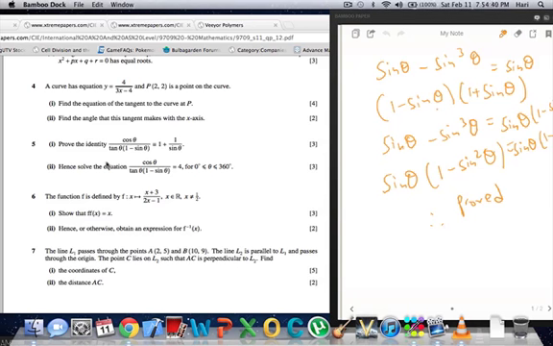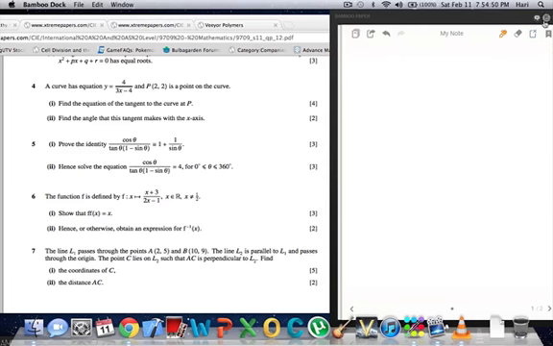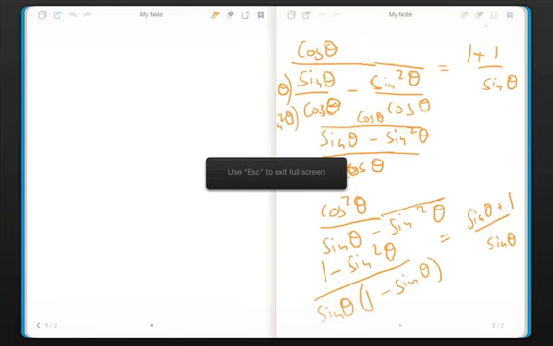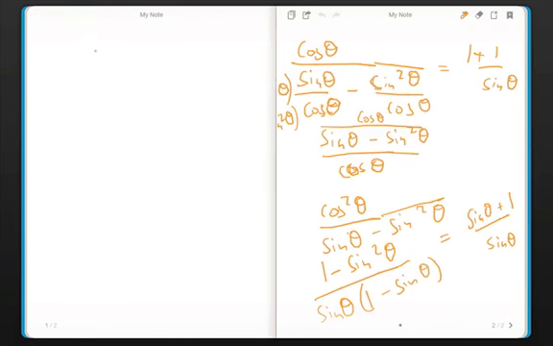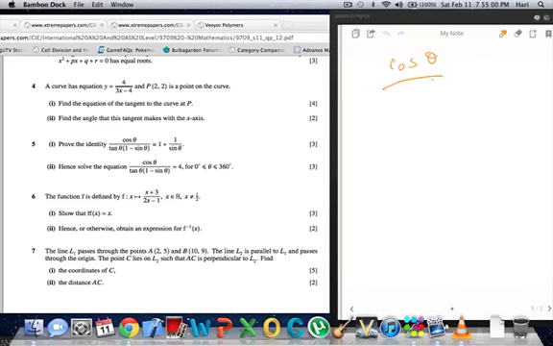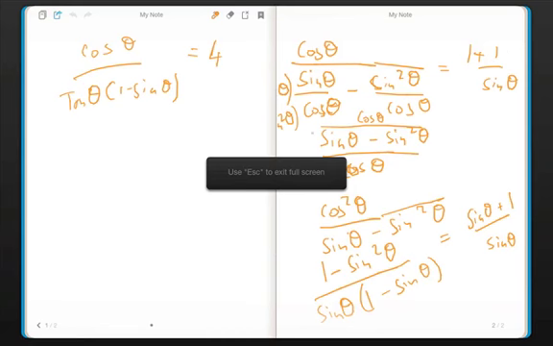Now hence solve the equation cos theta by tan theta into 1 minus sine theta is equal to 4. Now this is pretty straightforward. Let's clear the page. Let's open this to full screen. We have cos theta by tan theta into 1 minus sine theta is equal to 4.